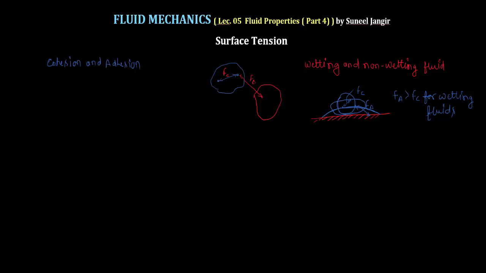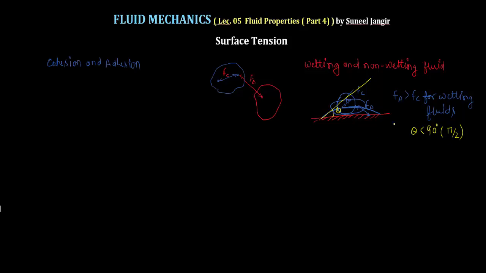There is one more criterion we can provide here, the angle of contact. If I make a tangent line to this curvature, the angle between this tangent line and the solid surface is theta. For wetting fluids, this theta will always be less than 90 degrees, or pi by 2.